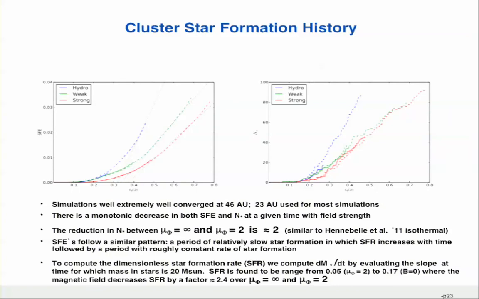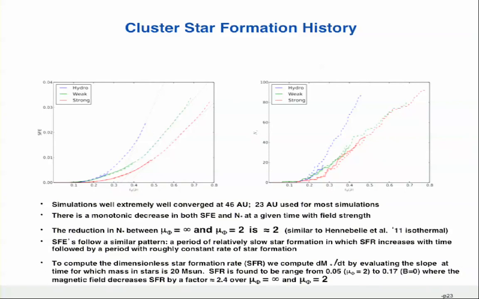We note a monotonic decrease in both the star formation efficiency and the number of stars at a given time with the field strength. We study the reduction going from the case with no magnetic fields, that's mu5 infinity, all the way down to the strong field case, and we find that the reduction in star formation efficiency and number of stars is around 2.